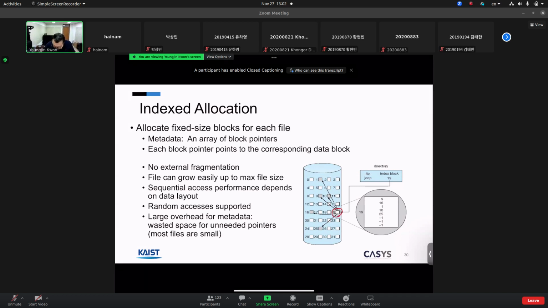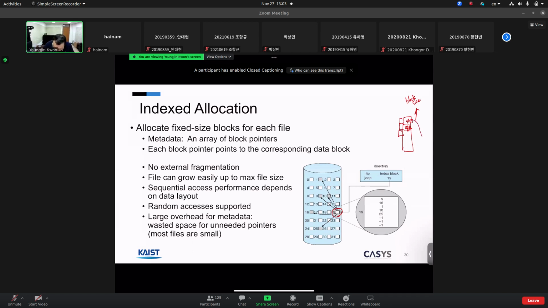So let's say your file is divided into 4 kilobyte chunks, which is the same as the block size, 4 kilobytes.